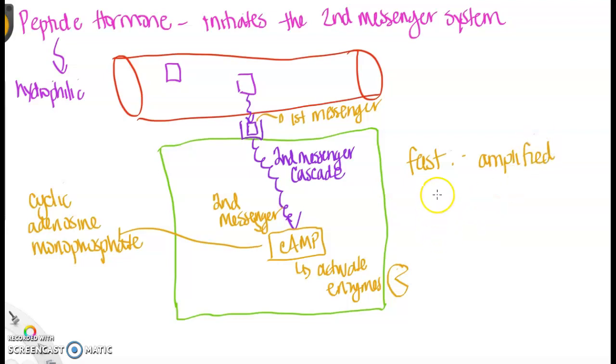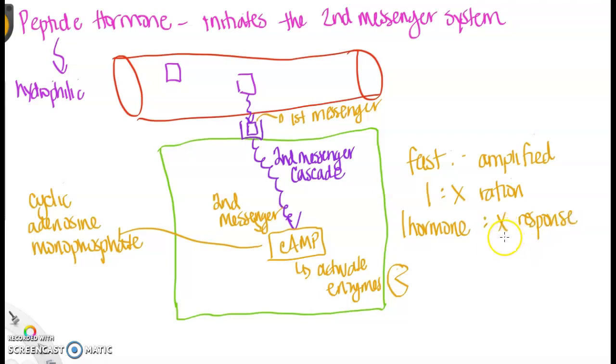So basically that means that it has a 1 to X ratio. So for every hormone, one hormone can cause a plethora of responses.